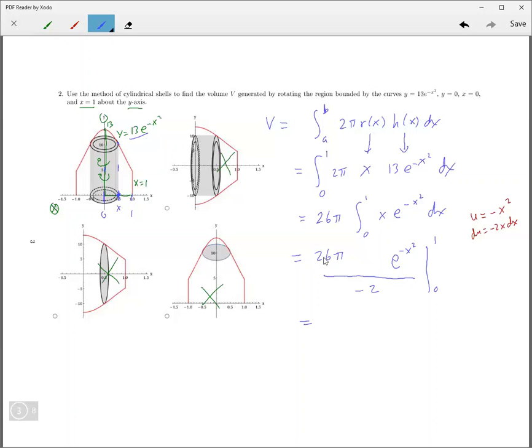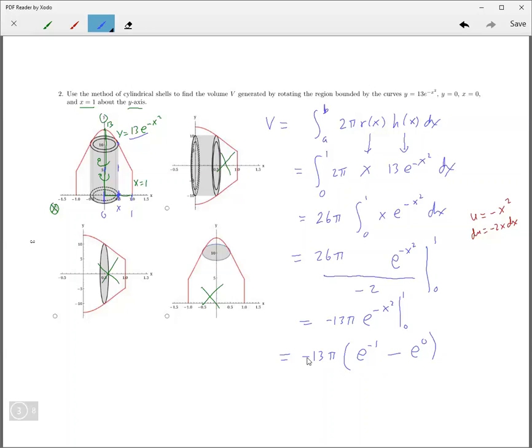And also, let me combine these two. 26 divided by 2 is 13, so that's negative 13 pi e to the negative x squared, evaluated from 0 to 1. Okay, so now I'm going to put in the upper limit first. That's e to the negative 1 squared, which is 1, minus the lower limit, e to the 0.